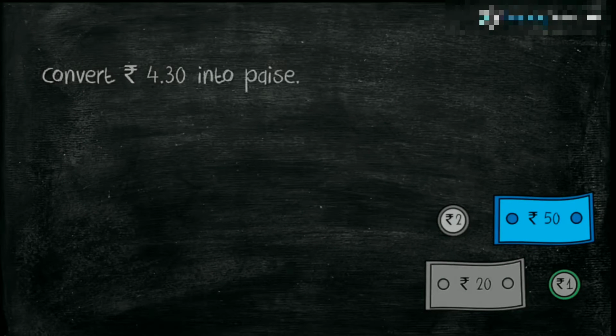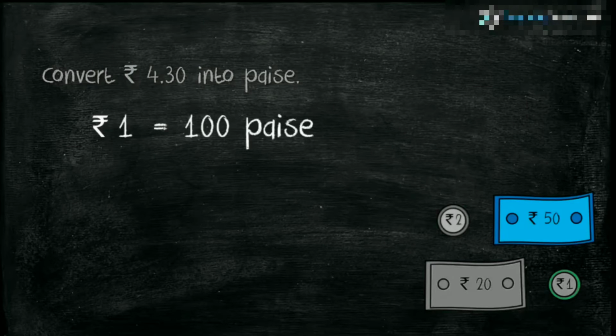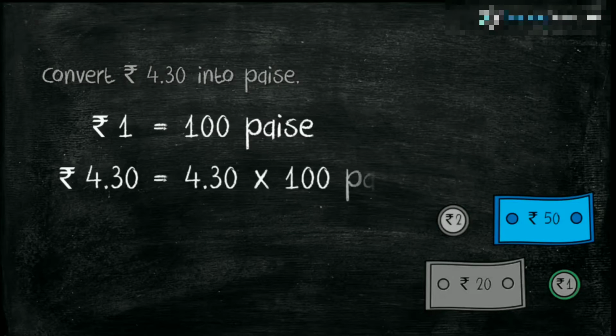Question number 2 is convert rupees 4.30 into paise. Again students, we know 1 rupee equals 100 paise. Therefore, 4.30 rupees equals 4.30 into 100 paise.